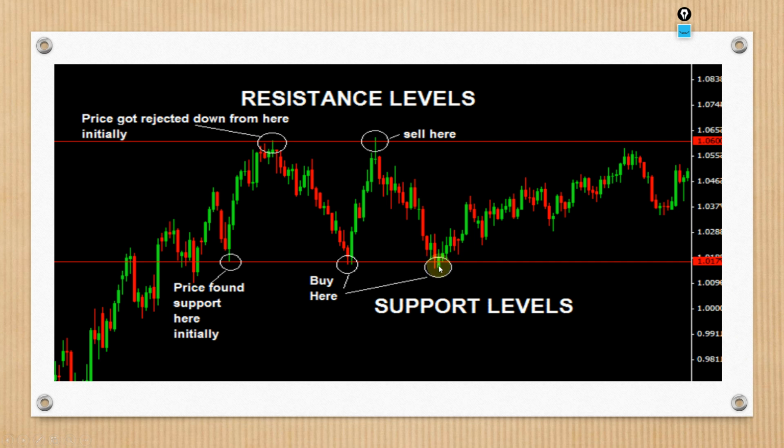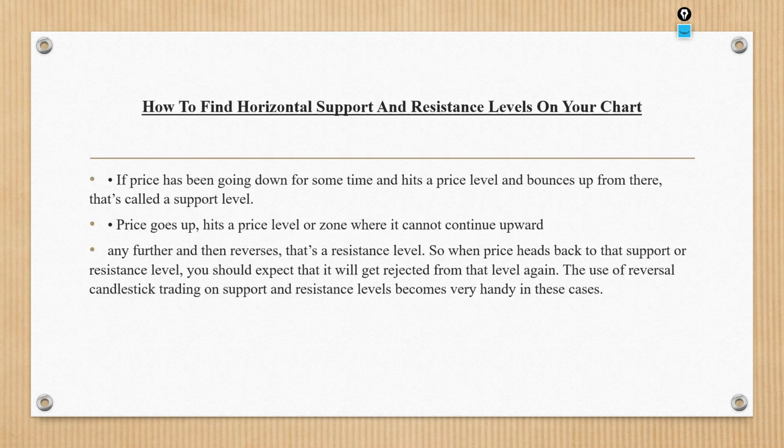It actually went a little bit down and started going up, right? So it should not be a single line like this one, but a zone. And we'll know how to plot those zones once we learn about IFC candles, order blocks, and all that in the intermediate, right? So that's support and resistance.